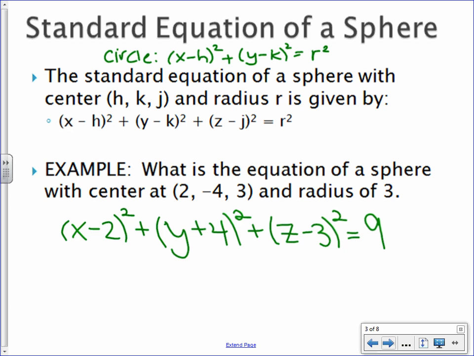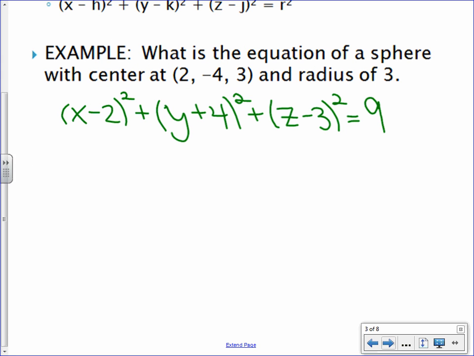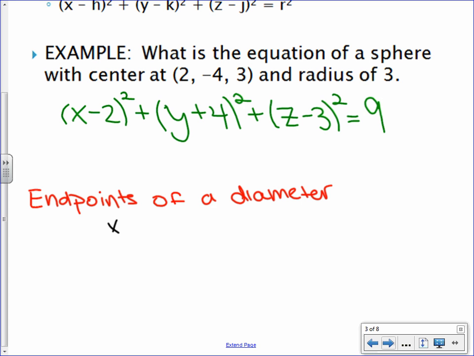Now, it is possible that I could give you the end points of a diameter of the sphere. If I gave you the end points of a diameter of a sphere, what would be your strategy? Okay, you would have to use the midpoint, and that would give you your what?